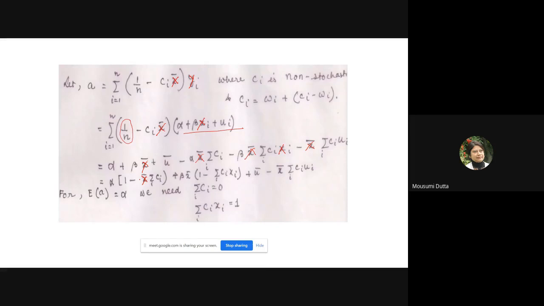Then u bar and the last term minus x bar summation Ci ui. Everybody understood up to this? If there is any query, any question, please ask me at this stage.